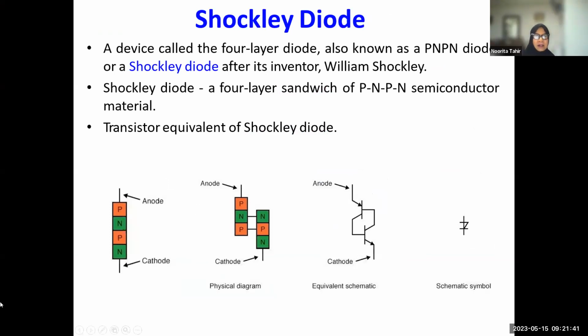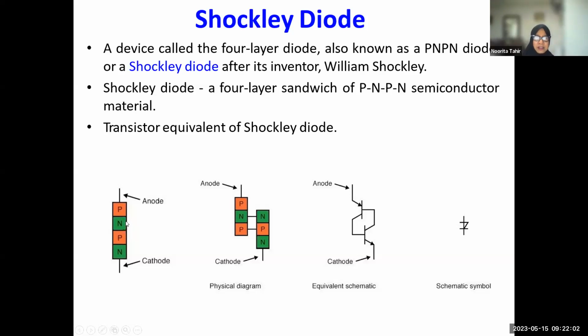This is actually a device which is formed based on a 4-layer diode, PNPN. Okay, I guess all of you have gone through PN, PNP, NPN during your transistor lessons.